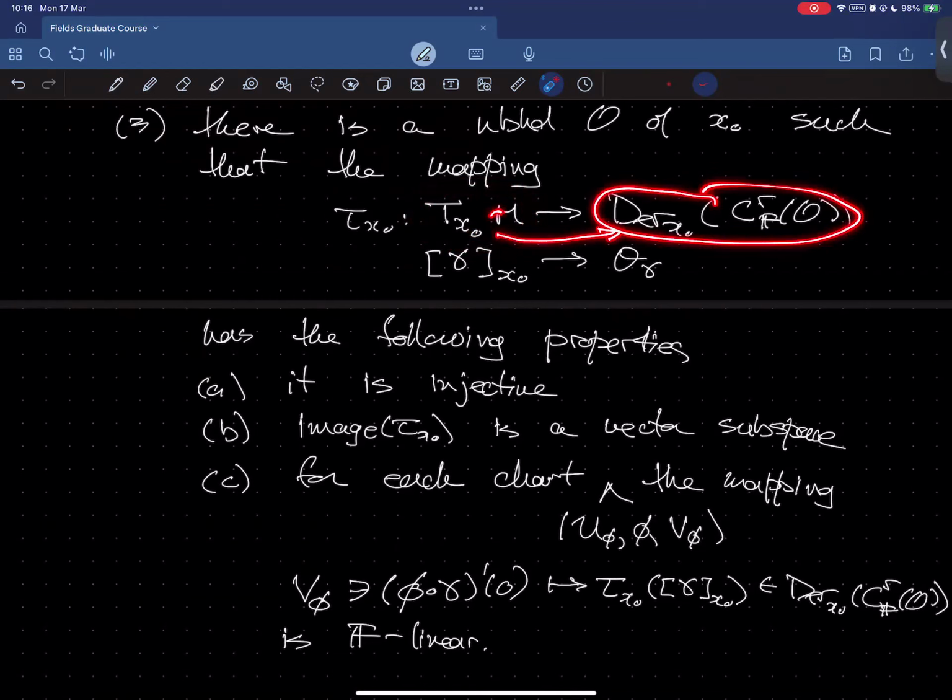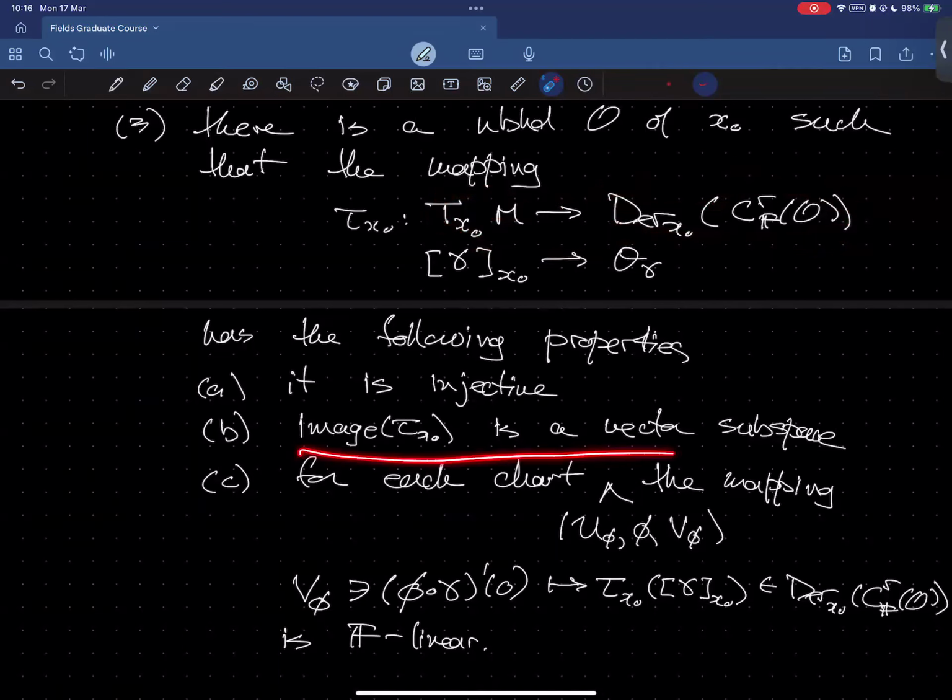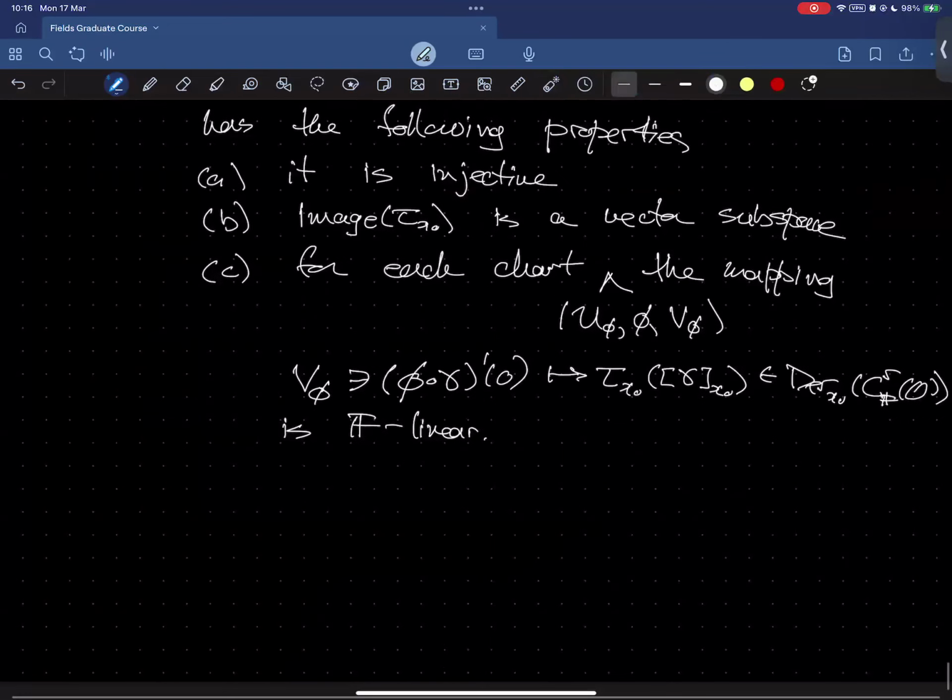We have this mapping which injects this thing into here, and its image is a subspace, and this thing inherits a well-defined vector space structure from its image, where well-defined means independent of chart. That's what we're proving here.